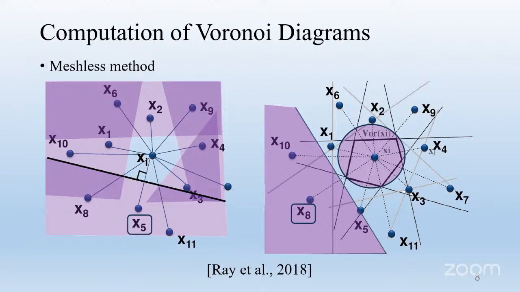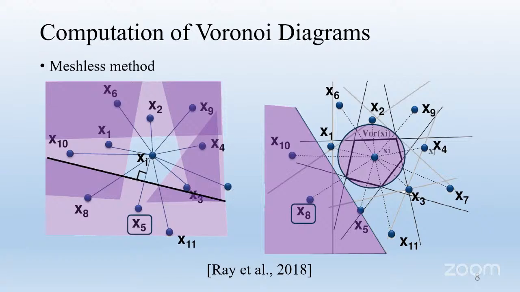The method is called the KNN-based method or the meshless method. An observation is that each Voronoi cell is the intersection of half spaces between the corresponding seed and all the other seeds. So each Voronoi cell can be obtained by clipping the given domain using the bisectors of the corresponding seed and all the other seeds.